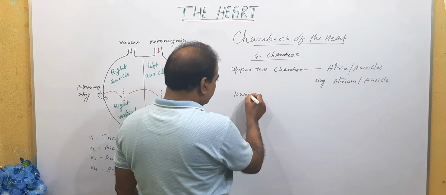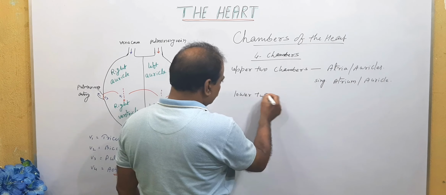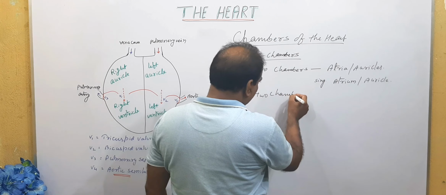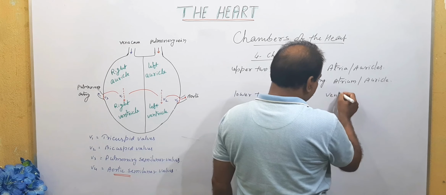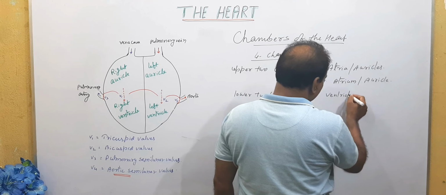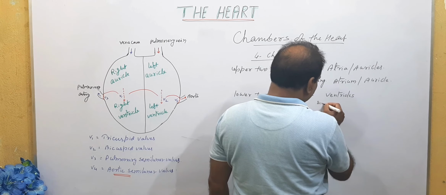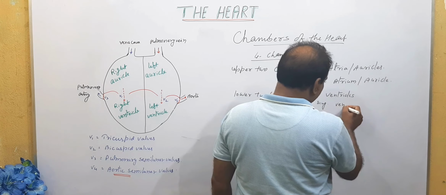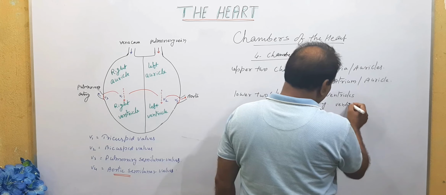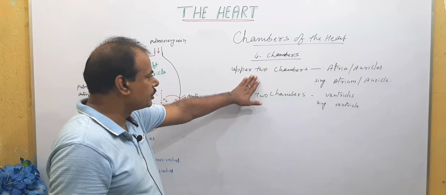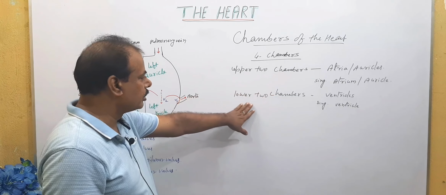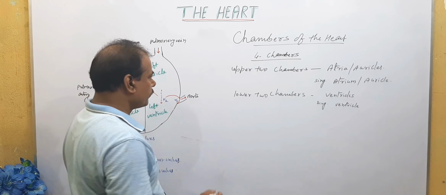The lower two chambers are called ventricles; the singular form is ventricle. So the upper two chambers are atria or auricles, and the lower two chambers are ventricles.